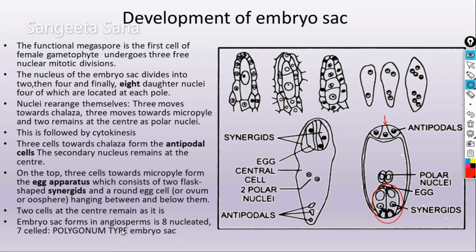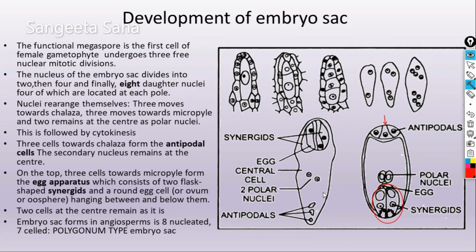The 2 flask-shaped synergids like this, and a round egg cell, that is the ovum or the oosphere, that hangs between these 2 synergids, and the 2 cells that remain at the center remain as they are.